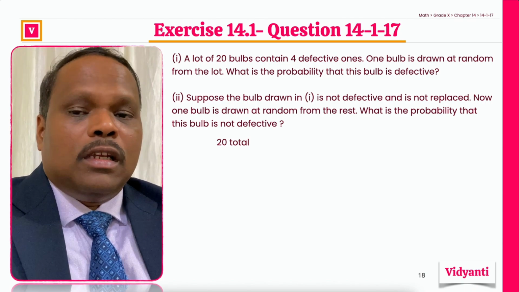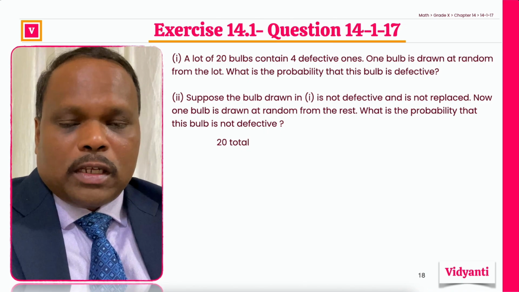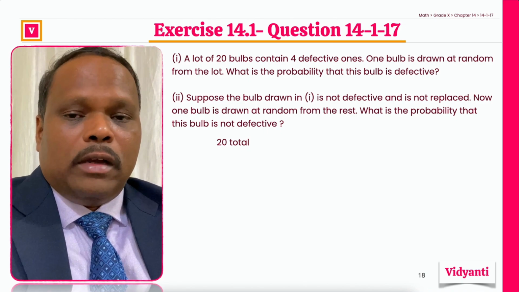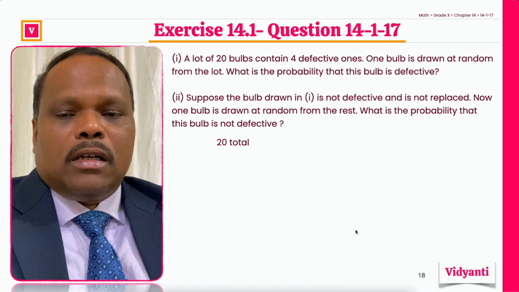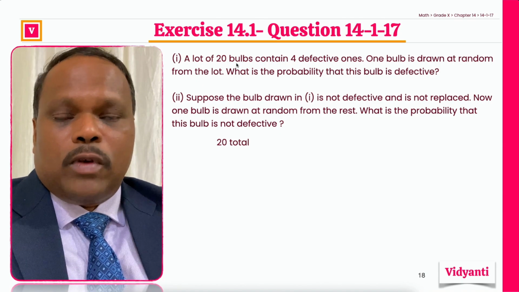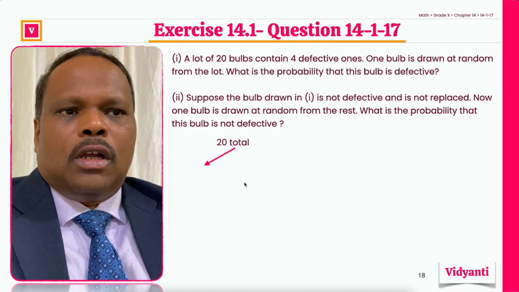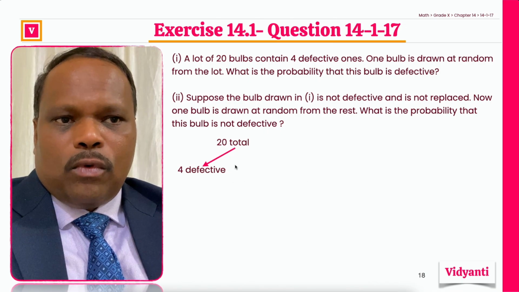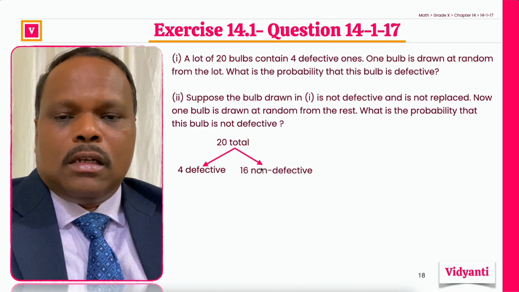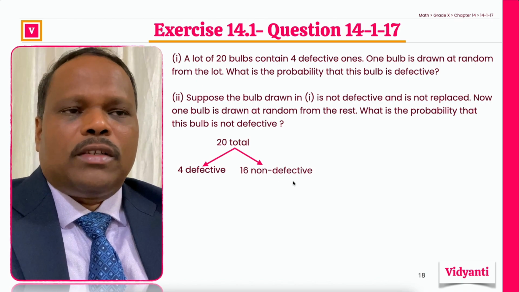Occasionally if separate lots are given, we have to add the numbers to make a grand total. But here the grand total is already given, which is 20 bulbs, and out of that 4 are defective. So out of 20 we have 4 defective and 16 non-defective or good ones.